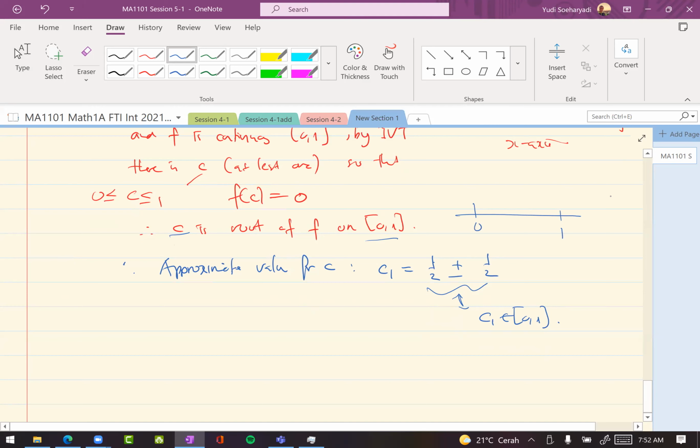To make it symmetric, just pick something in the middle. So this is the error.